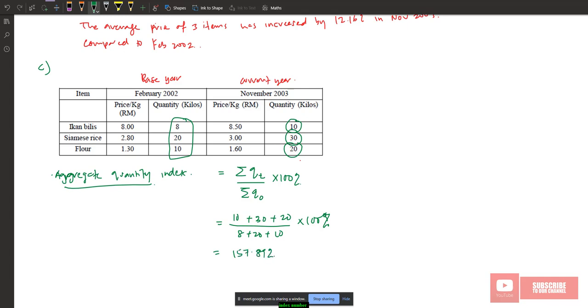157.89%. So again, if you look at this one, the index number is more than 100%, means that the quantity has increased, right?